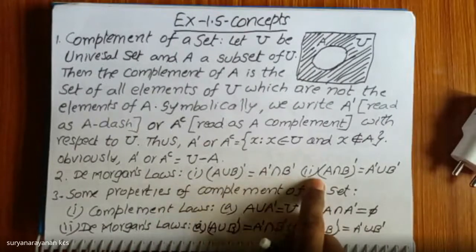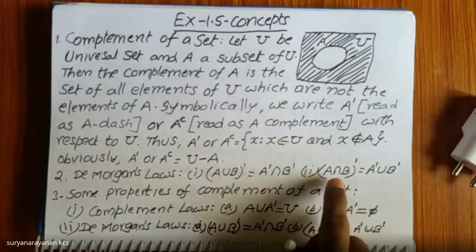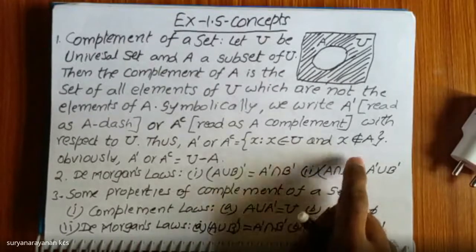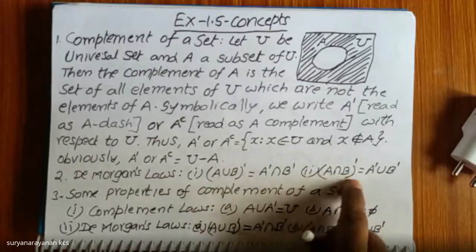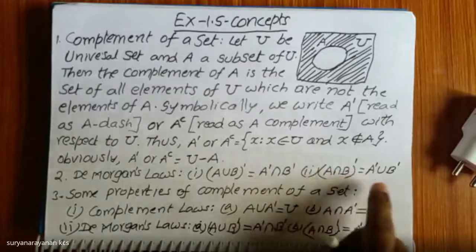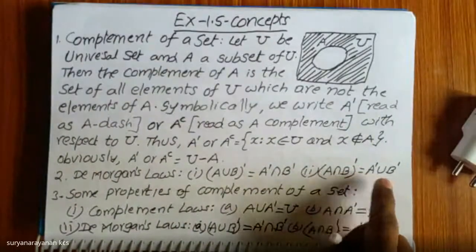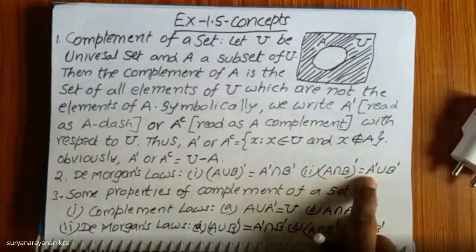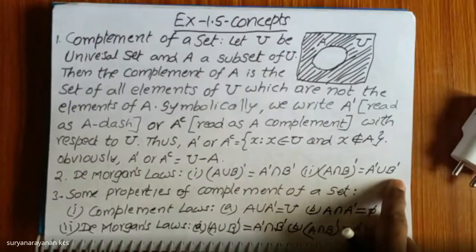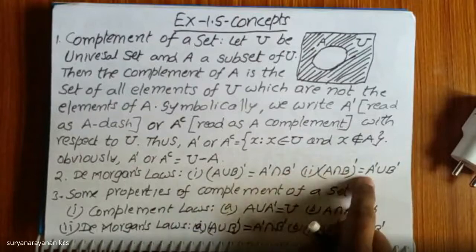And the second De Morgan's law: A intersection B whole dash is equal to A dash union B dash. Now will you read these two De Morgan's laws, my dear children?